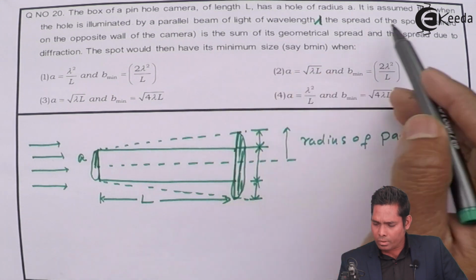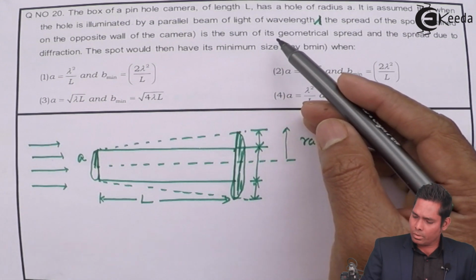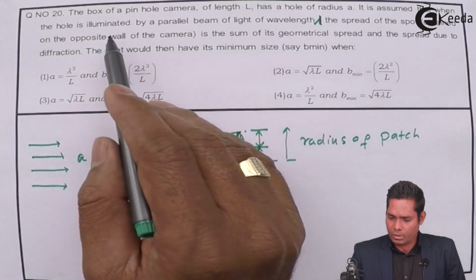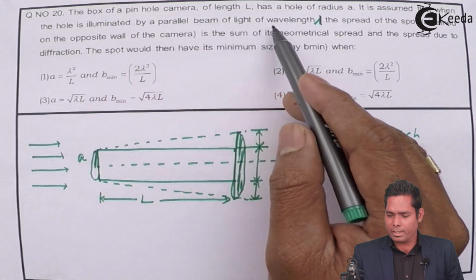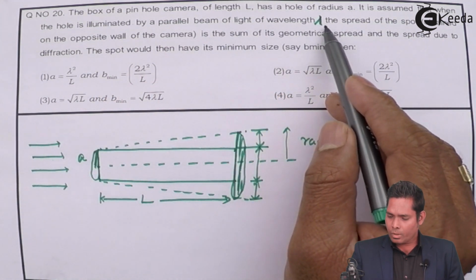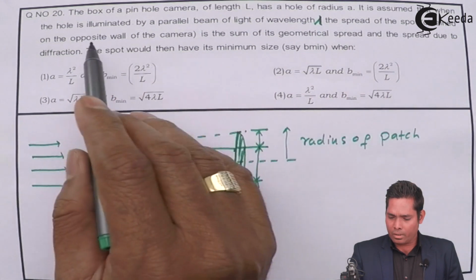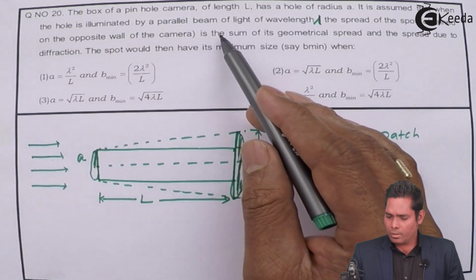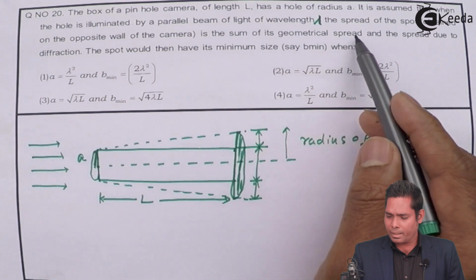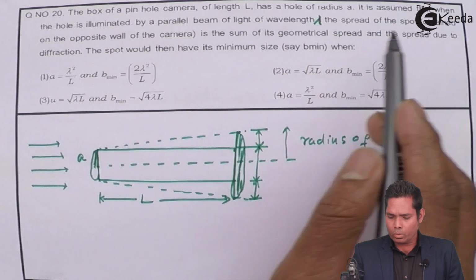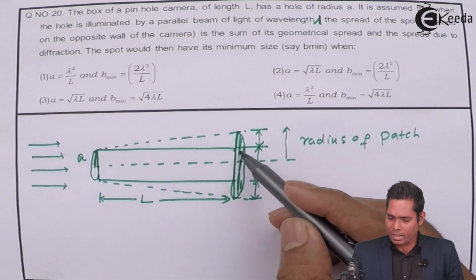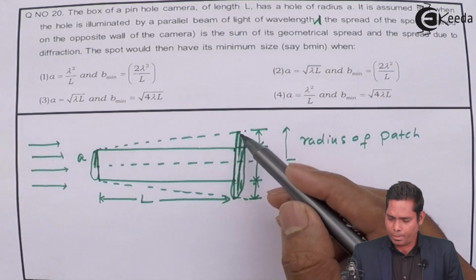It says that when the hole is illuminated by a parallel beam of light of wavelength lambda, the spread of the spot obtained this side is the sum of its geometrical spread and the spread due to diffraction. The geometrical spread is this one and diffraction is this part.